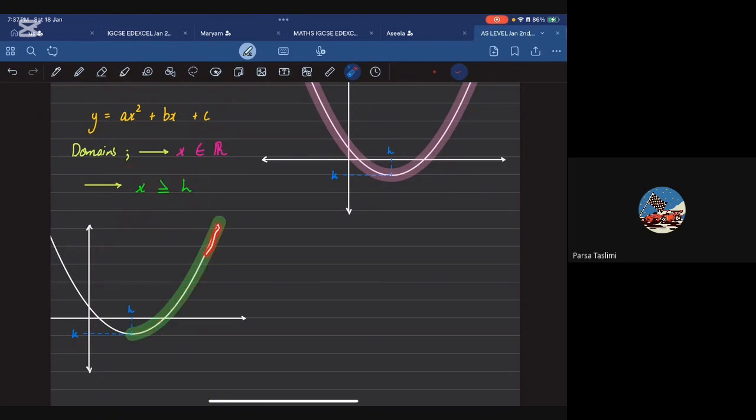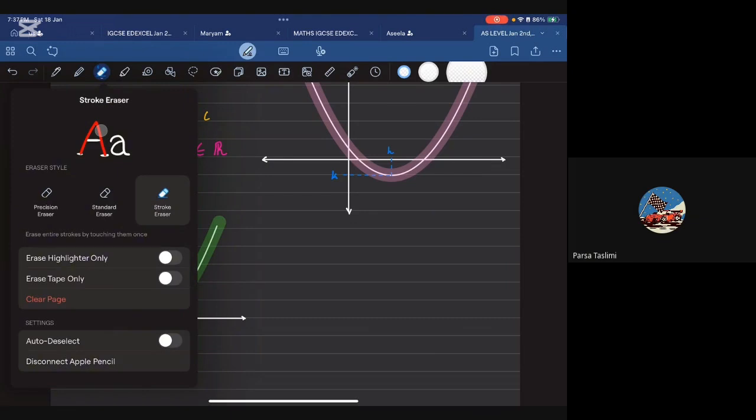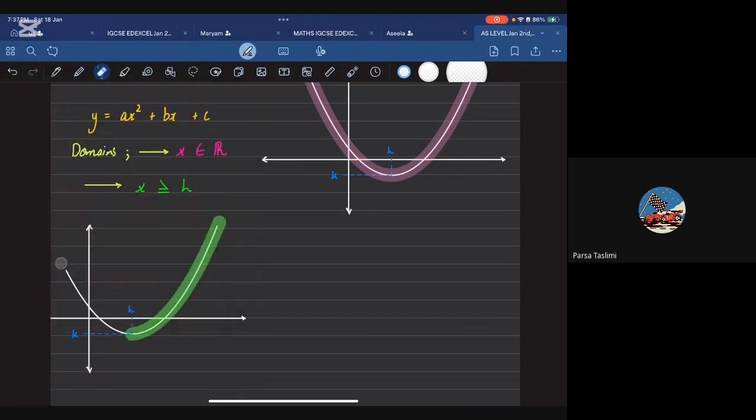Now look at this graph only, Parsa. Now forget about the rest as well. We are not even going to be considering the other part. So if I forget about this part of the graph, wouldn't that make this entire graph what you may call one to one?